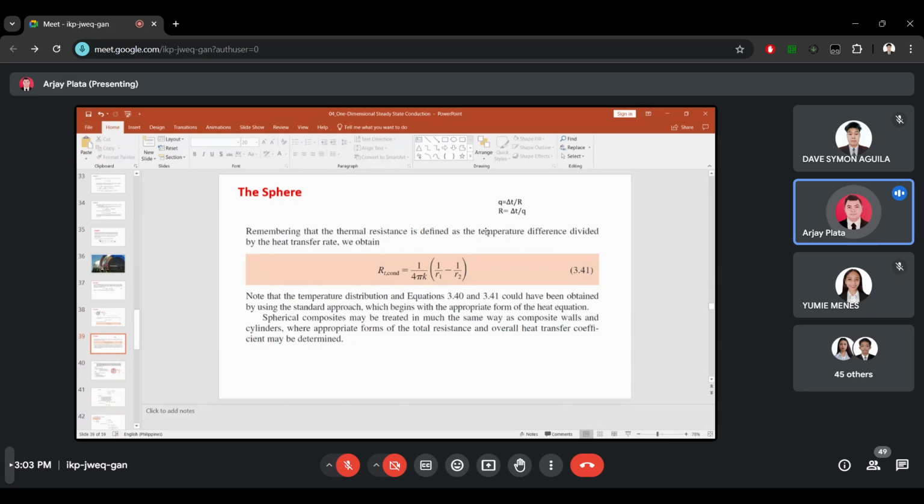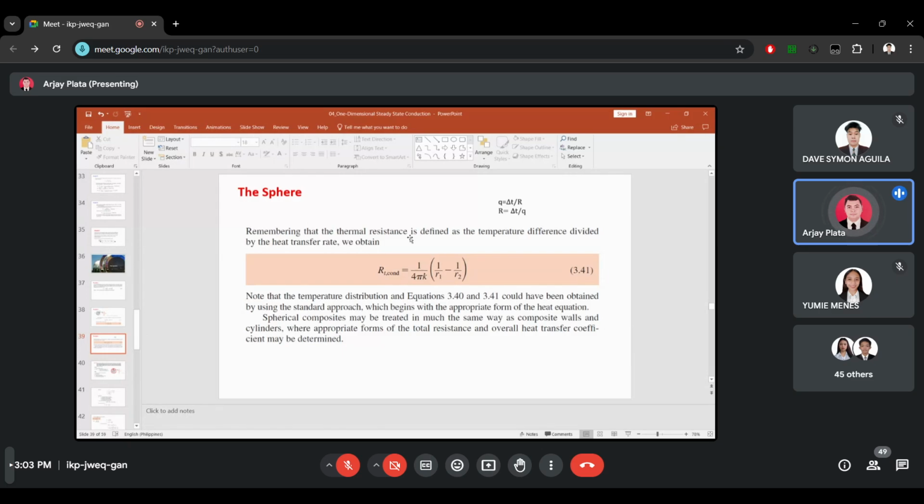From the equation q equals delta T over R, we can determine R, which is delta T over q. This is our equation for thermal resistance for conduction.